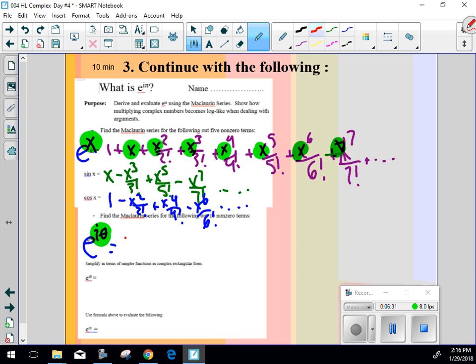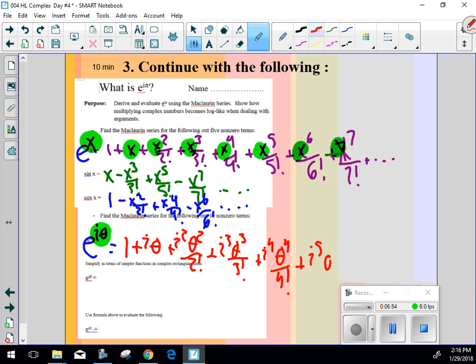Let's do it. 1 plus i theta plus i squared theta squared over 2 factorial plus i cubed theta cubed over 3 factorial plus i to the 4th theta to the 4th over 4 factorial. And I'm going to just keep going 2 more times.